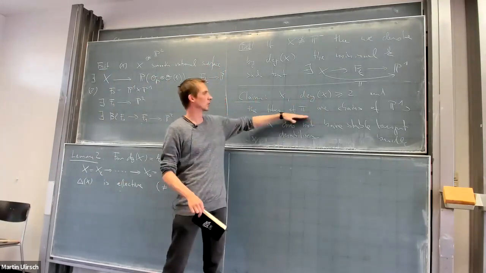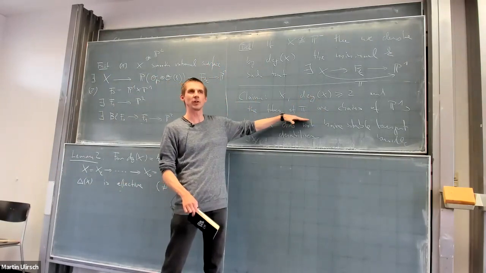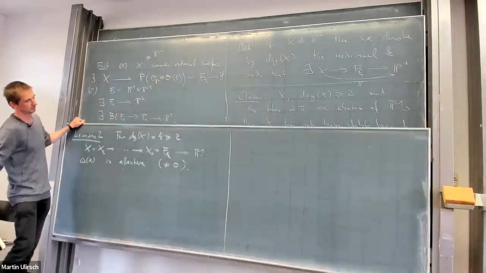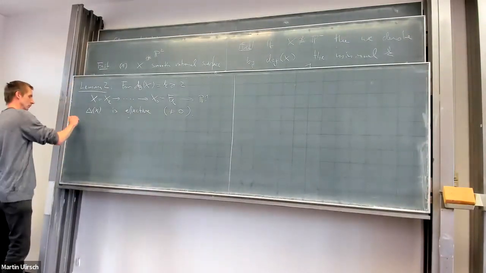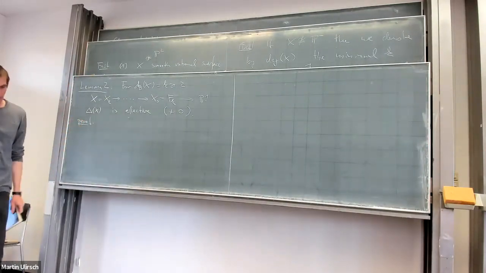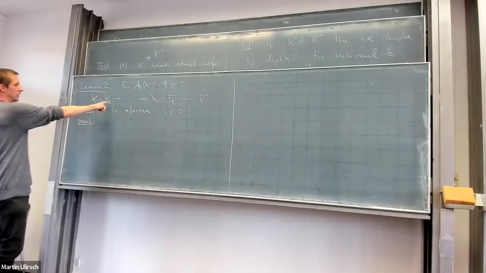So this was the precondition, or the assumption, in this claim, and I'm still assuming this. And the idea is to prove this by induction on the number of blocks, so induction on L.